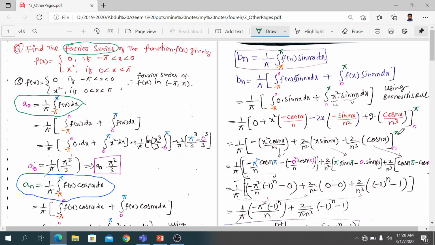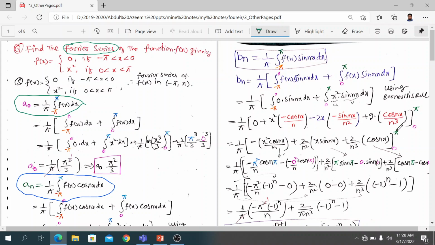Now upper limit minus lower limit: minus pi square cos n pi by n, minus lower limit, minus 0 square cos n 0 by n. This is here. Now 2 by n square outside. Now apply limit here: pi sin n pi minus 0 sin n 0, bracket close, plus 2 by n cube as it is.